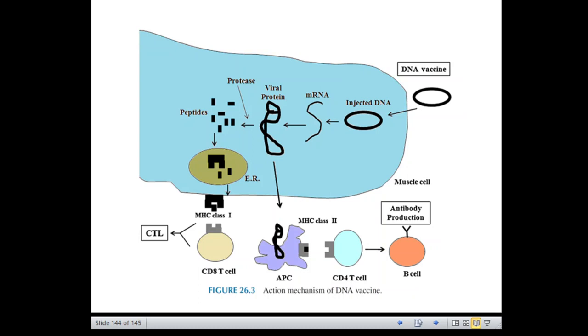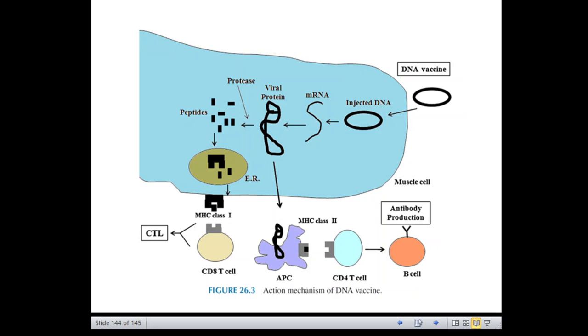Depending upon the type of the CD4 plus cells that bind to the complex, B cells are stimulated and antibody production is stimulated. So this is the basic mechanism of how a DNA vaccine really works.